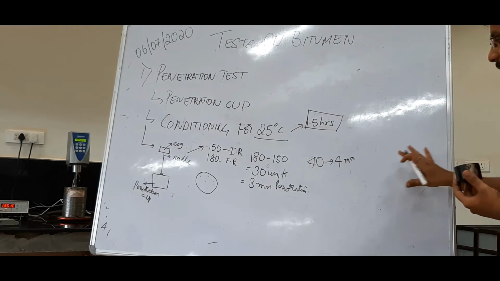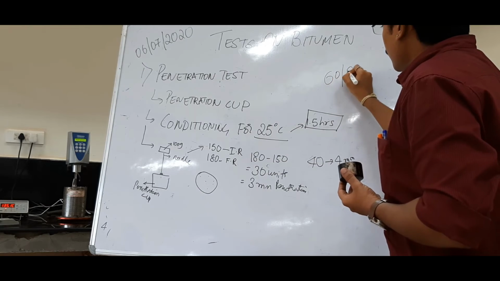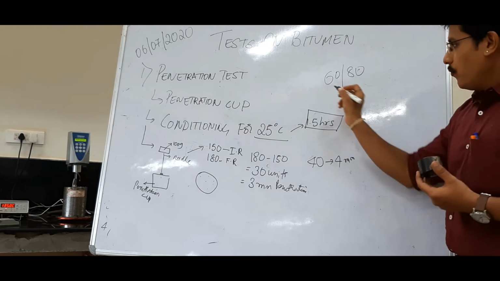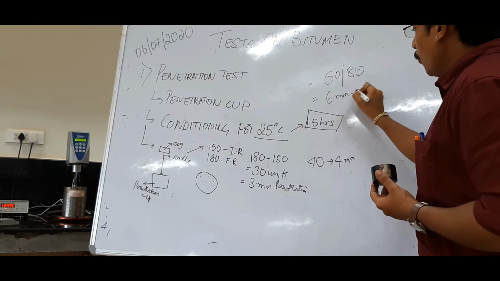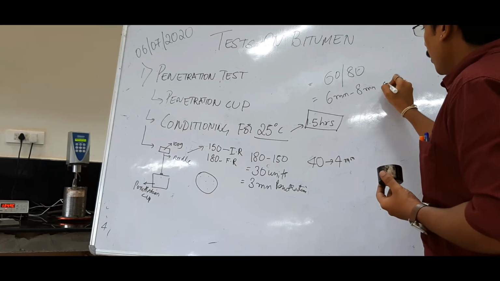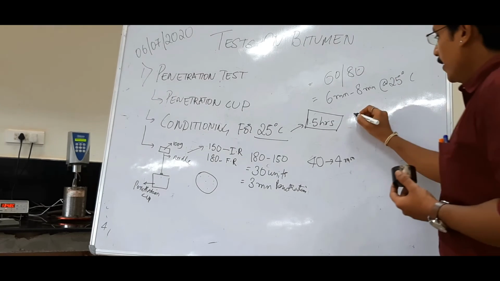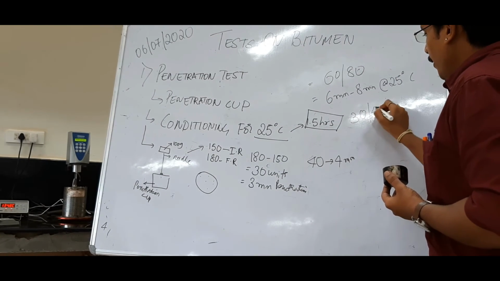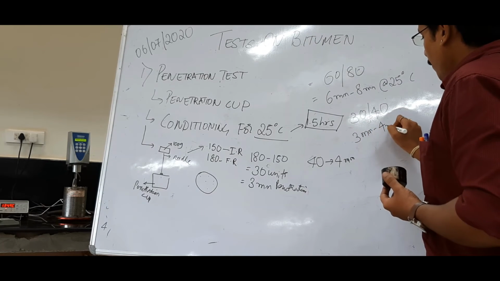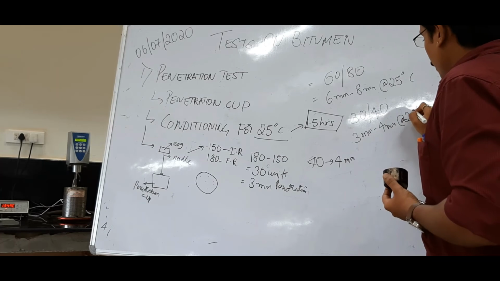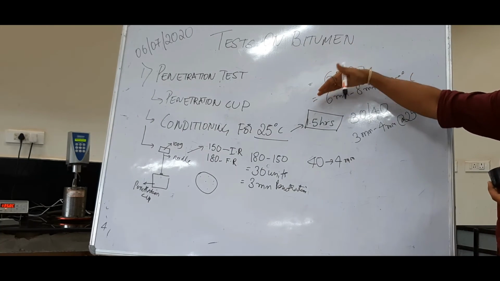On this basis we grade the bitumen. Let's say it is 60 by 80. 60 by 80 means the penetration of the bitumen is between 6 mm to 8 mm at 25 degrees. Similarly, if it is 30 by 40, then it is 3 mm to 4 mm at 25 degrees. You can see this has a higher value of penetration and this has a lower value.